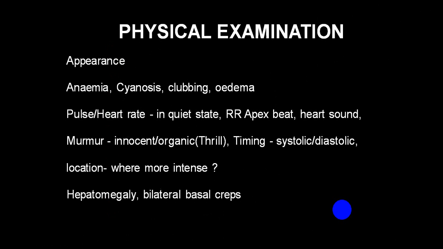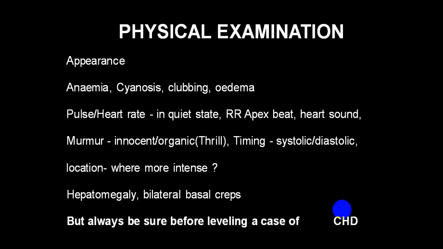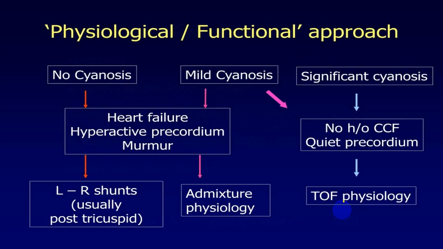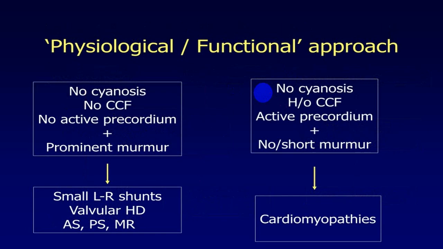Look for hepatomegaly, splenomegaly, basal crackles, etc. So there may be no cyanosis, mild cyanosis or significant cyanosis, and accordingly you can approach a cyanotic heart disease group, which can be a severe variety where you will have significant cyanosis with clubbing, while mild cyanosis may not have clubbing at all, and you try to identify those groups.